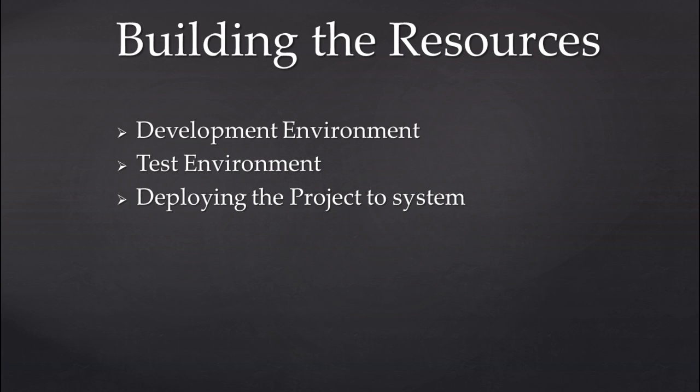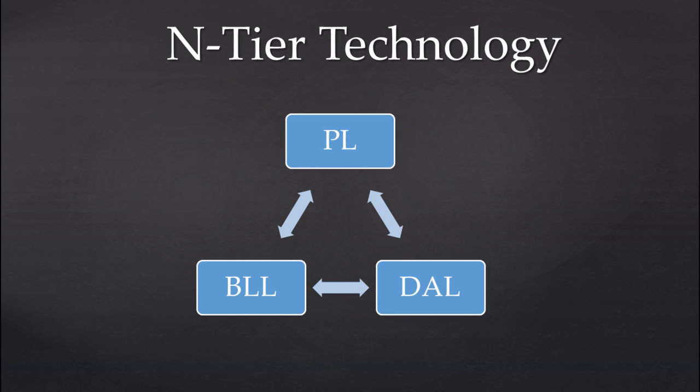Okay, next thing, N-tier technology. Now we come to the development technologies. First thing, what is N-tier? It is a kind of step-by-step structure. What steps should we follow to develop with N-tier technology?